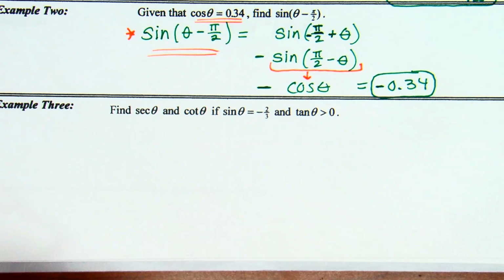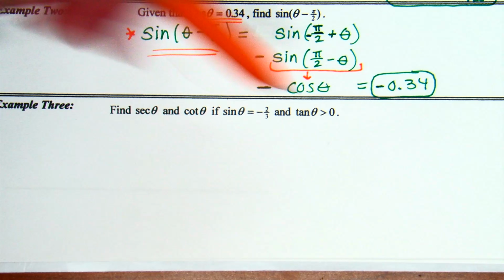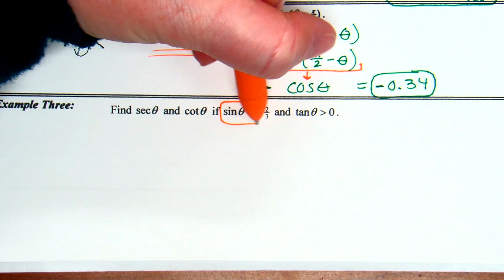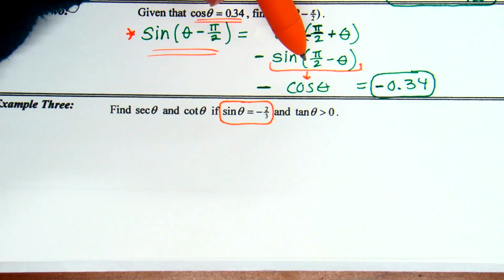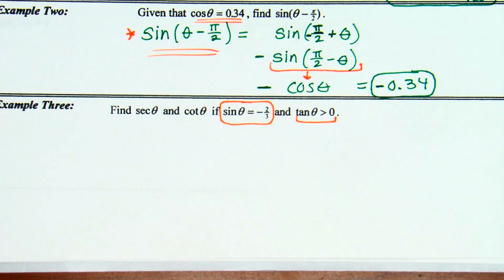Okay, example 3. If you'll notice, it's more like example 1. They want us to find secant and cotangent, given that sine of theta is negative 2/3, and tangent of theta is greater than 0.